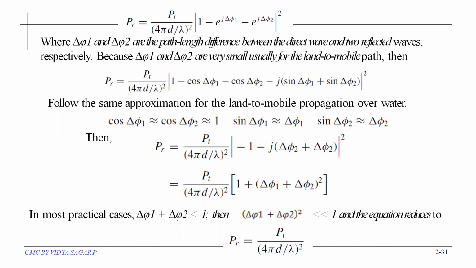This will be calculated in two ways. One is between the two fixed stations, the other one is from the land to mobile station.